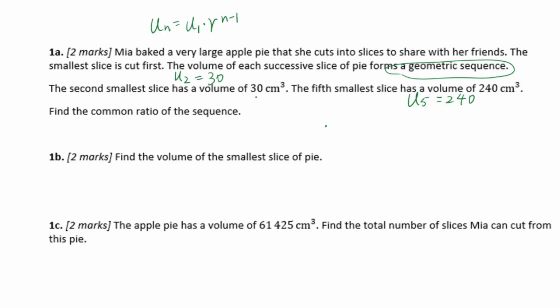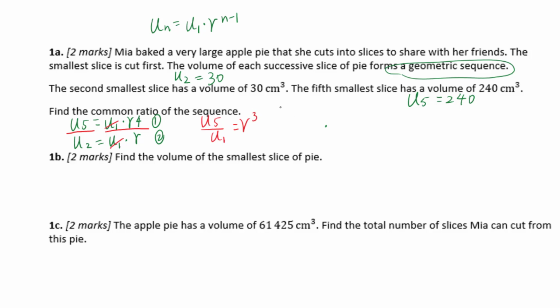Like this one, we will do u sub 5 equals u sub 1 times r to the 4th power. u sub 2 equals u sub 1 times r. This is the first equation, the second equation. Then we will do division of these two equations. We will get u sub 5 over u sub 2 equals r to the 3rd power.